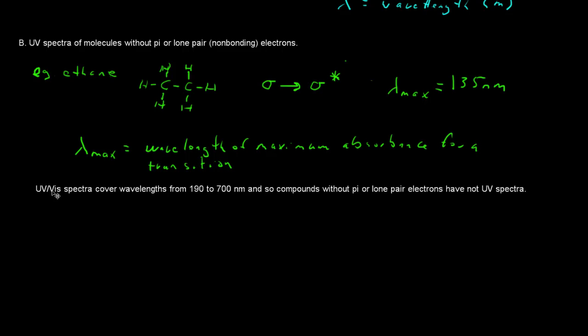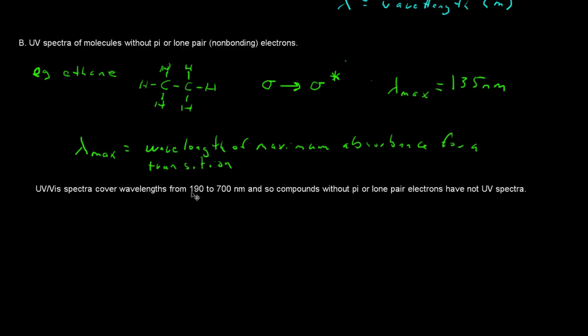So you may be asking yourself, why is UV limited to this range from 190 to 700 nanometers? The main reason for the lower limit of 190 is that atmospheric gases, because they have sigma bonds, for example, and they have pi bonds as well, that, as we're going to see, absorb at higher wavelengths, absorb in the region below about 190 nanometers. They begin to absorb around 200 nanometers.